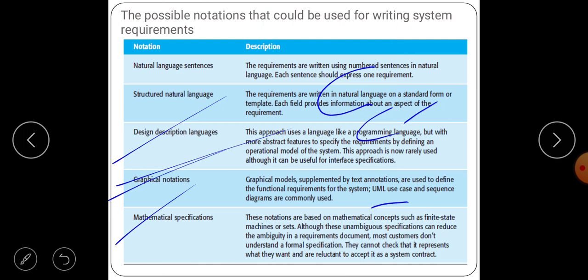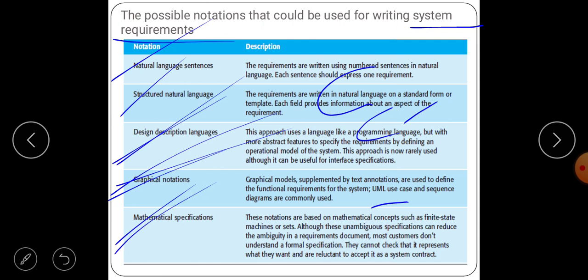Okay, these are the notations used to write the system requirements: natural language sentences, structured natural language, design description language, graphical notation, mathematical specification.